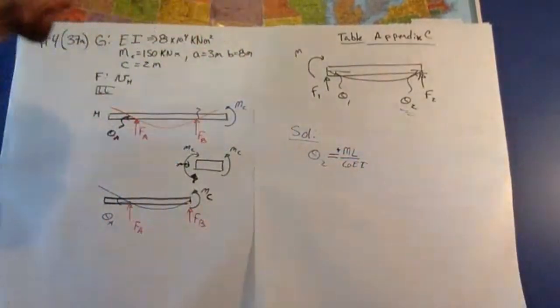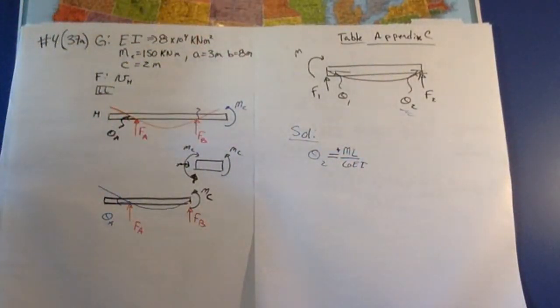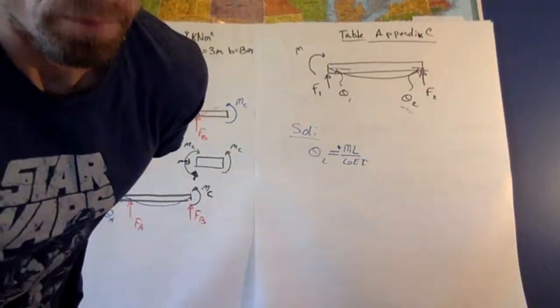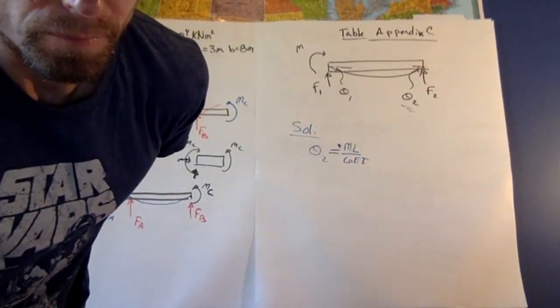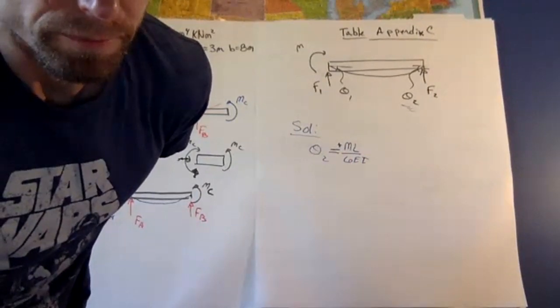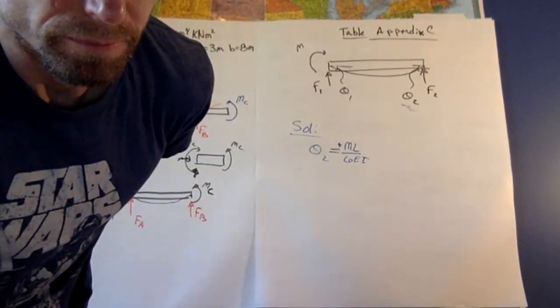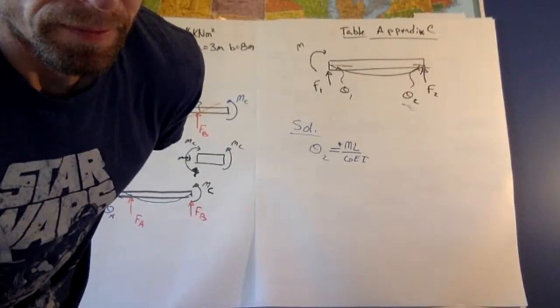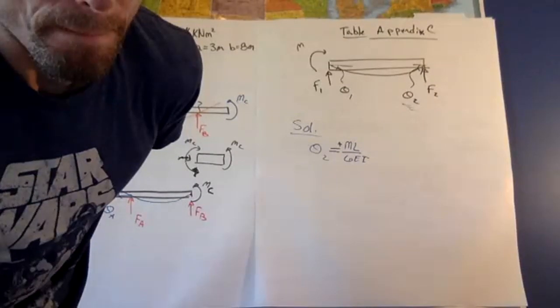Does that make sense? Wait, question. So theta is the angle that the bottom part of that curve makes with the middle of the beam.